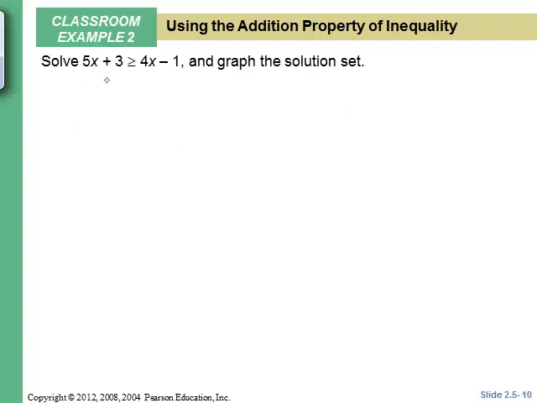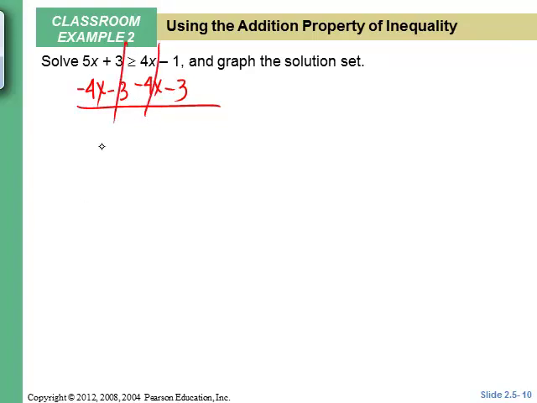Sometimes we'll have variables on both sides. I always get it so that the variable is on the left side. So we're going to subtract 4x from both sides, and then subtract 3 from both sides. The 4x's cancel and the 3's cancel.